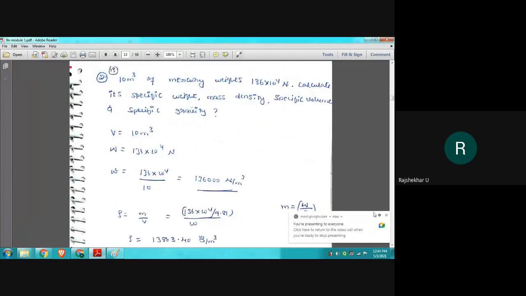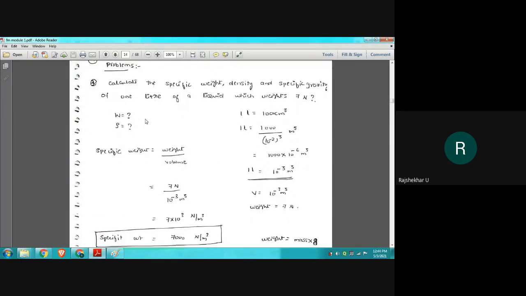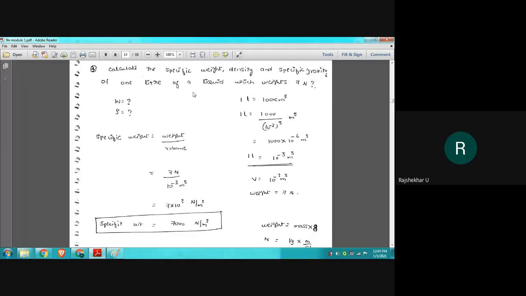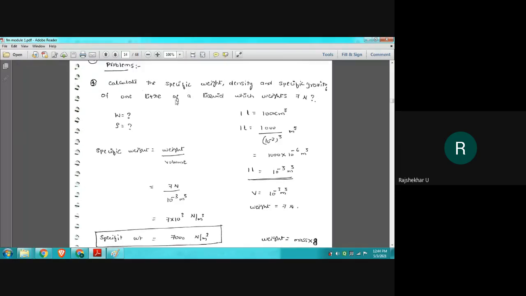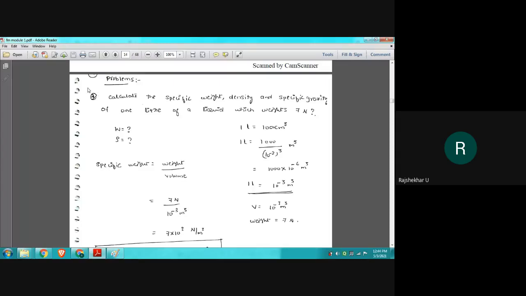So I think Srinath sir has covered the second problem. I'll go to the third problem. Here, calculate the specific weight, weight density and specific gravity of 1 liter of liquid which weighs 7 Newton. I think you can try this on the same lines. Please note this down.